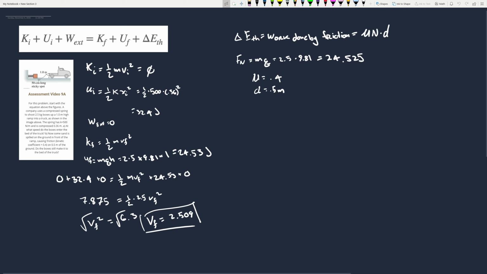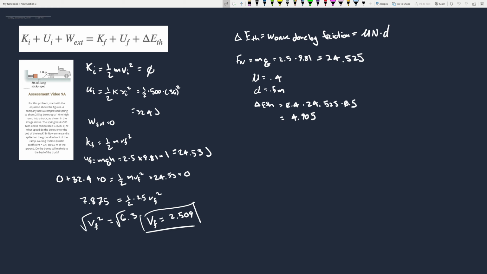So we can calculate that right here. 0.4 times 24.525 times 0.5, and we end up with 4.905.